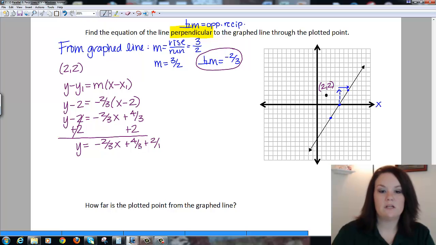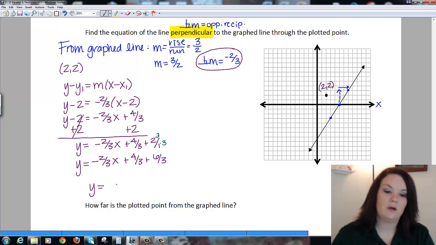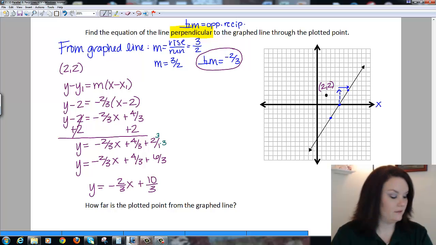So my common denominator would be 3. So I'm going to go ahead and just multiply by 3 on top and bottom of my second one, which gives me y is equal to negative 2/3 x plus 4/3 plus 6/3. So my equation, when I combine my constant terms, is y is equal to negative 2/3 x plus 10/3.